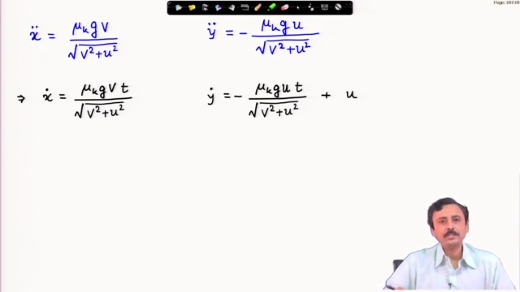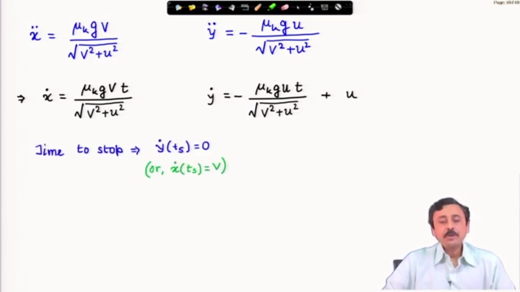I integrate and use the initial conditions, always integrate and use the initial conditions. This gives me the velocity, and you can note that at time t equal to 0, x dot is 0, y dot is u. Now, we have to find out the stopping time it takes for the particle to stop on the belt. When do we say that the particle has stopped on the belt?